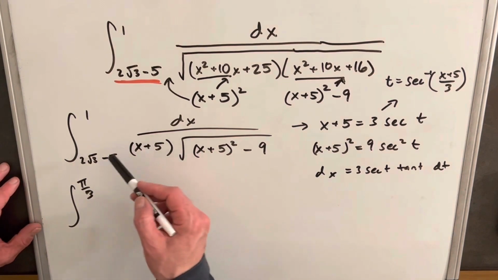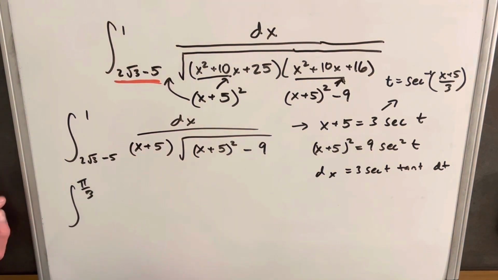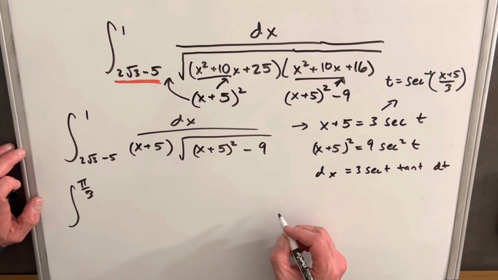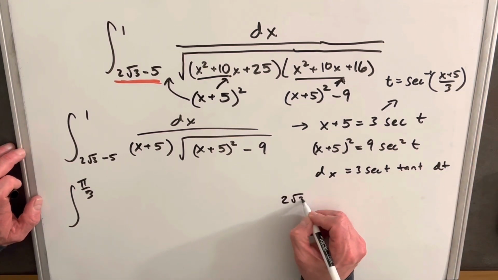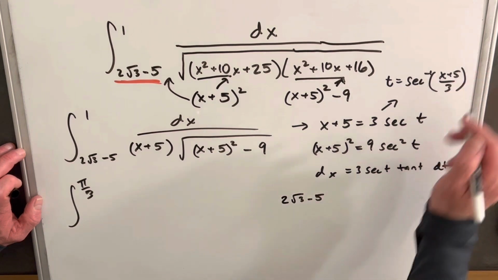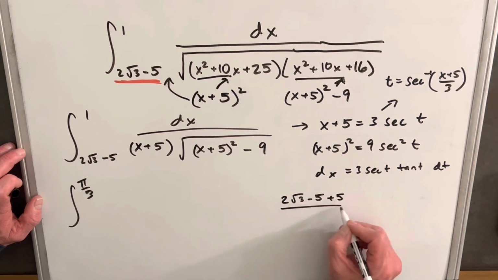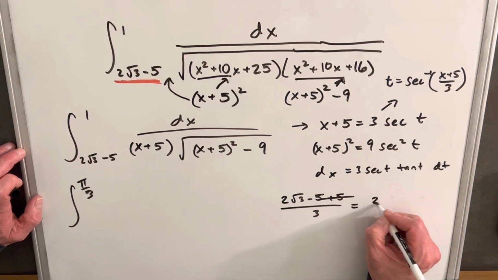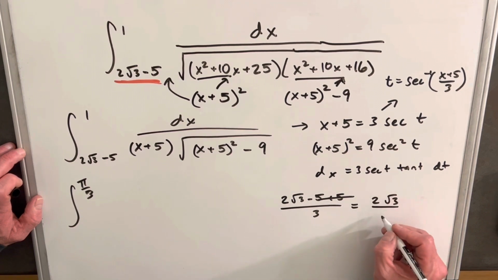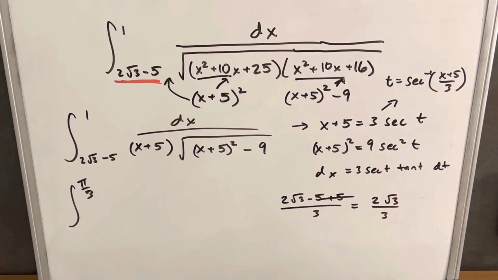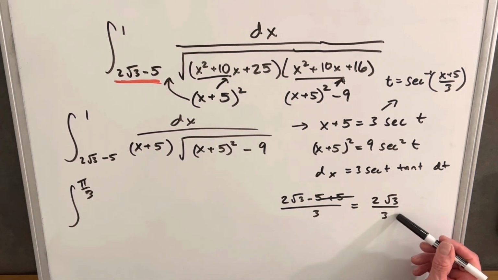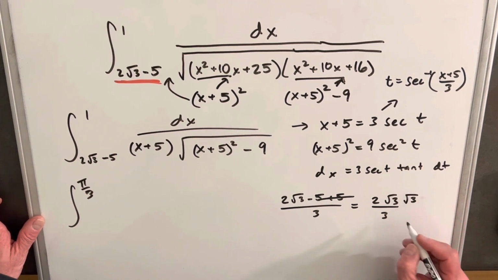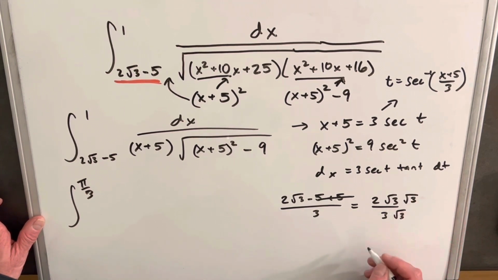And then here's where we get to deal with our messy boundary, 2 square root of 3 minus 5. Let's look at x plus 5 over 3. If I take 2 square root of 3 minus 5, then plus 5 over 3, our 5's cancel, and we're left with 2 square root of 3 over 3. Because we're going to want the secant inverse of this, it might be easier if I multiply this, usually we rationalize the other way, by square root of 3 over square root of 3.